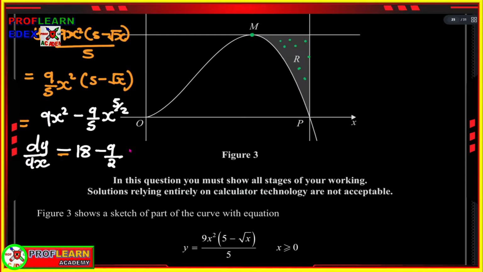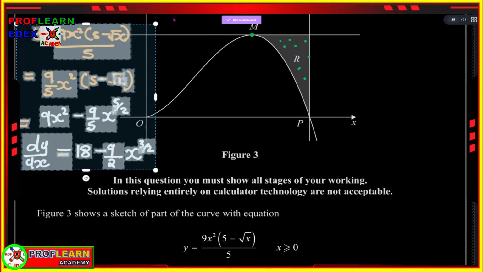And we shall have 5 over 2 minus 1, and the new power is going to be x raised to power 3 over 2. So this expression that we have, we are going to equate it to 0 so that we can find the coordinate of m.